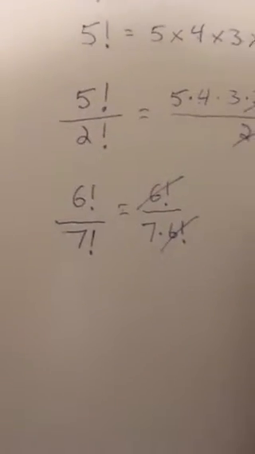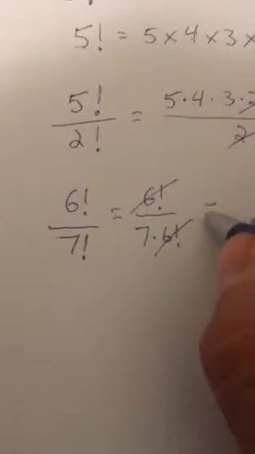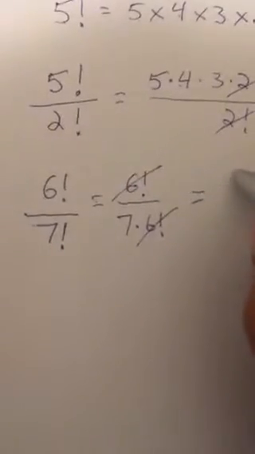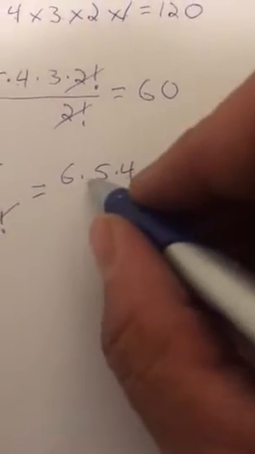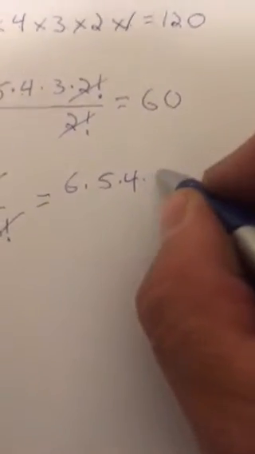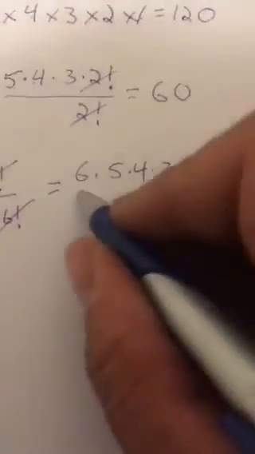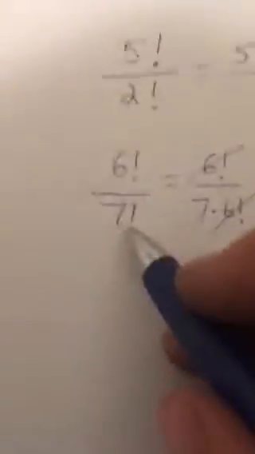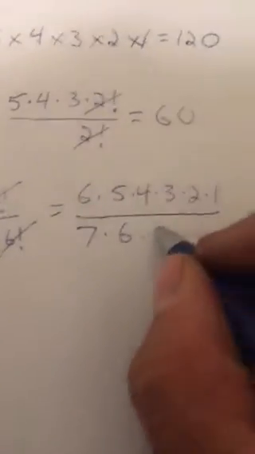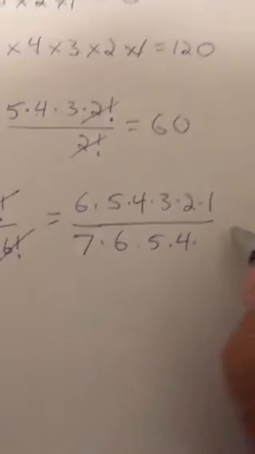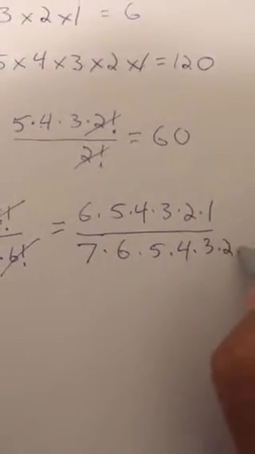If we didn't do that, let's take a step back. If we just multiplied it all out, 6 times 5 times 4, I changed notation to just the dot for multiplication, times 3 times 2 times 1, all over 7 factorial, which is 7 times 6 times 5 times 4 times 3 times 2 times 1.